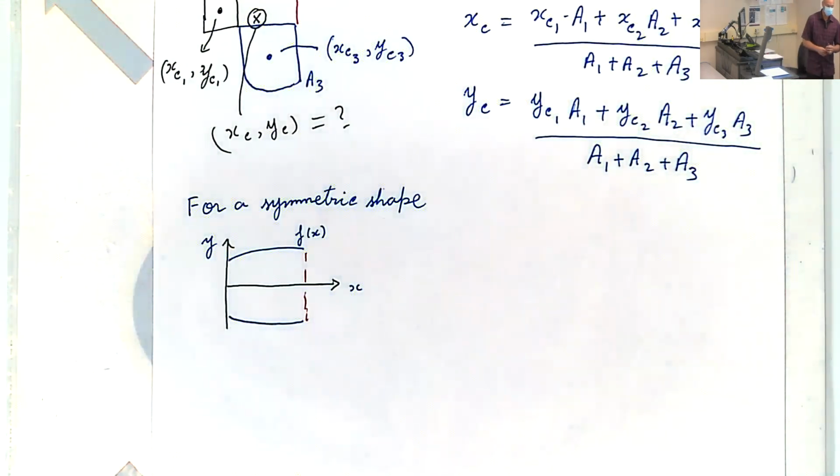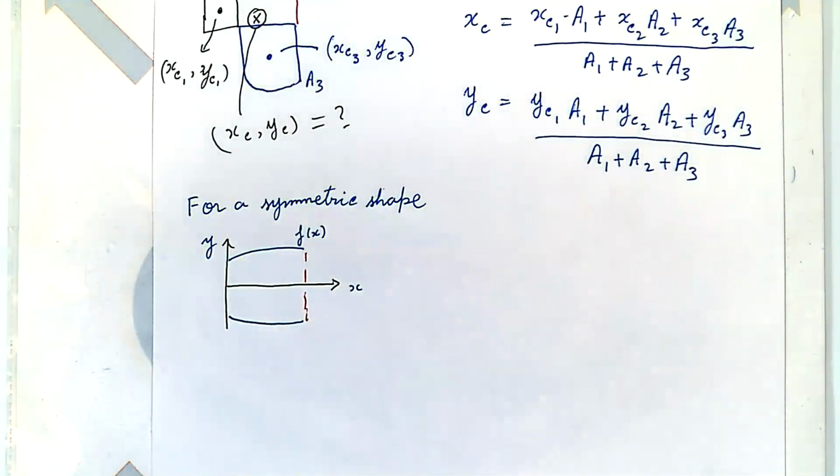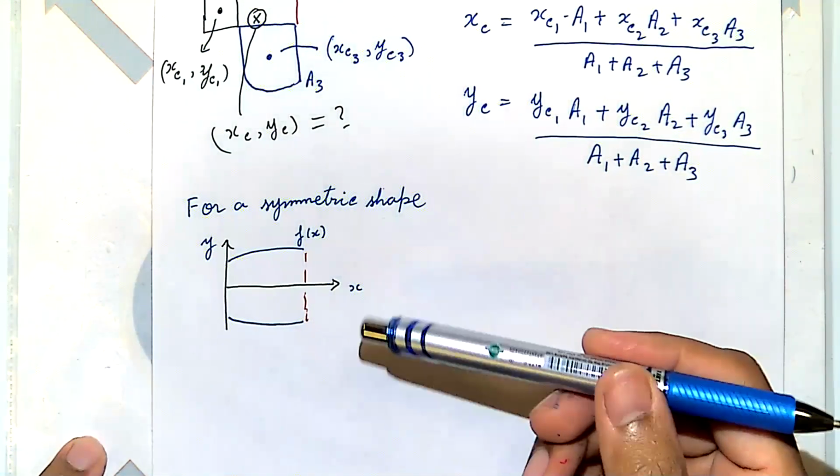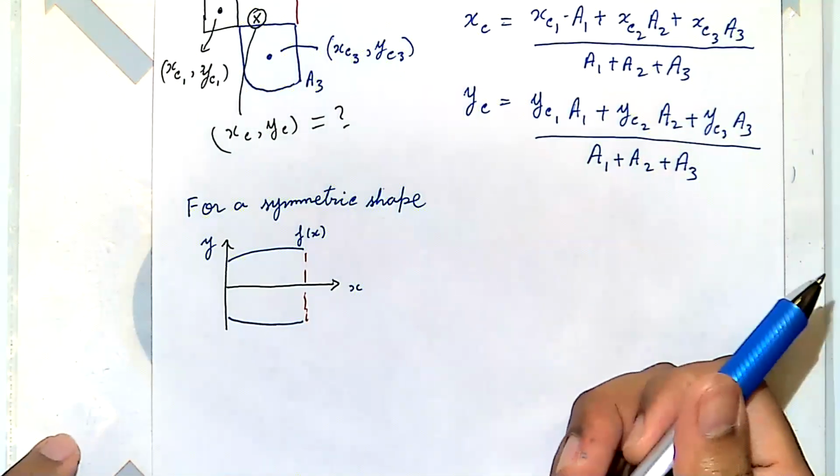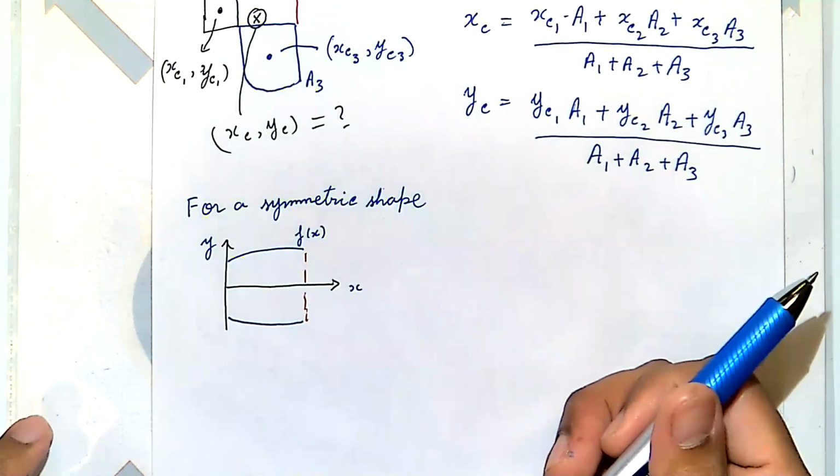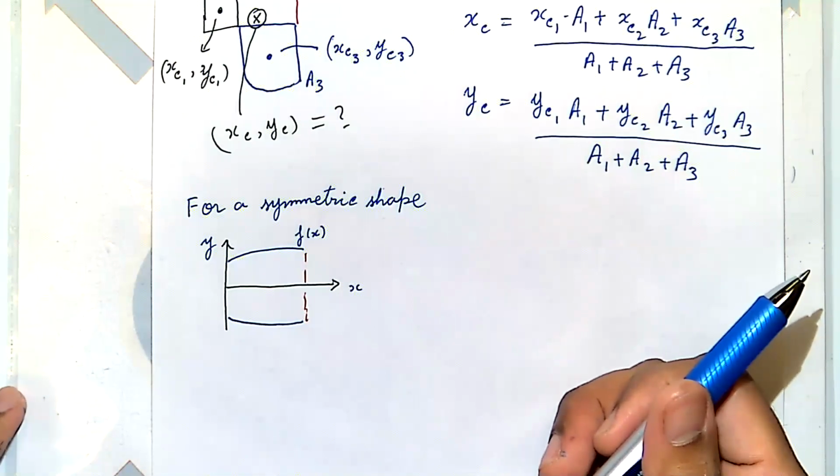Either XC or YC? Is it obvious? It's obvious. It's going to be along the y equals 0 axis, and it's going to be at L over 2 on the x-axis.